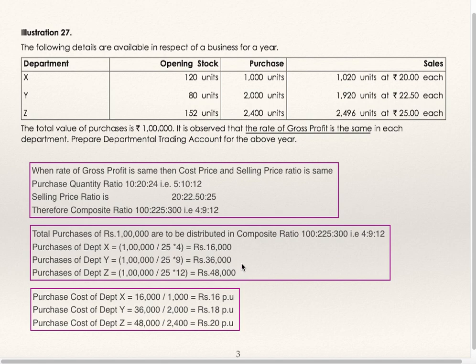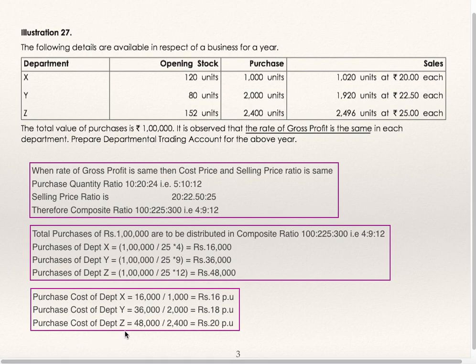Now from this you can find out purchase cost per unit of all the three departments, because we know the number of units purchased. Purchase cost of department X is 16,000 divided by 1000, which is equal to 16 per unit. Department Y is 36,000 divided by 2000, which is 18 per unit.